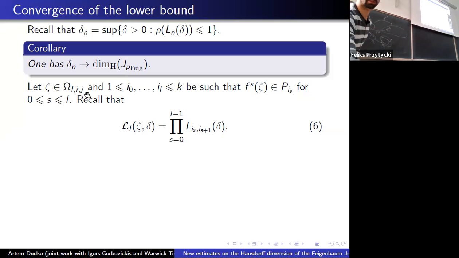And we have the product of elements of the Macmillan matrix over this orbit.